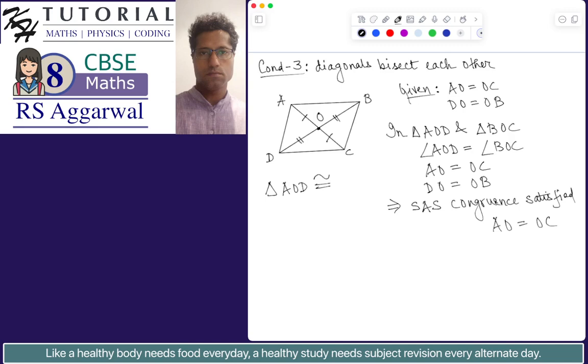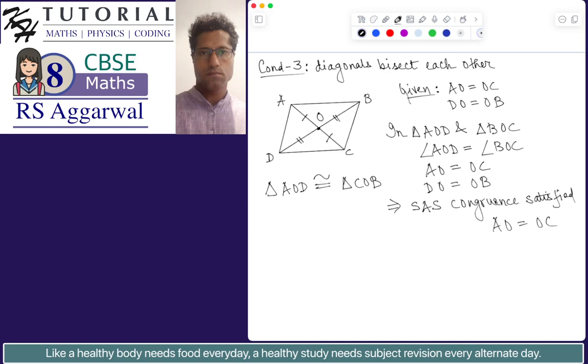I think triangle AOD will be congruent to triangle COB. So AO is equal to CO, OD is equal to OB and AD is equal to BC. Okay, so this is fine.